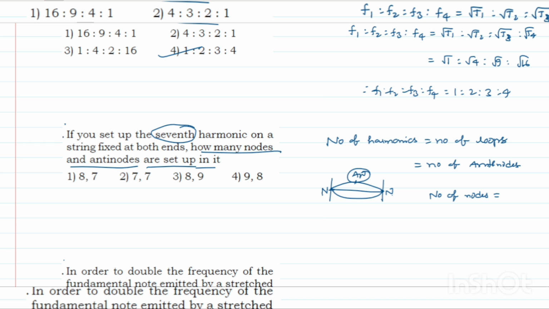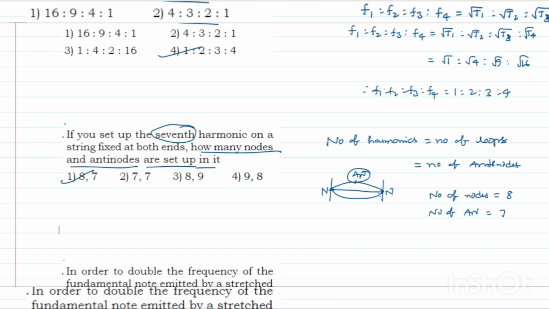So for one segment or one loop, 2 nodes; for 2 segments, 3 nodes; for 4 segments, 5 nodes; for 7 segments, 8 nodes, and the number of antinodes will be 7. So 8 and 7 is the correct answer.